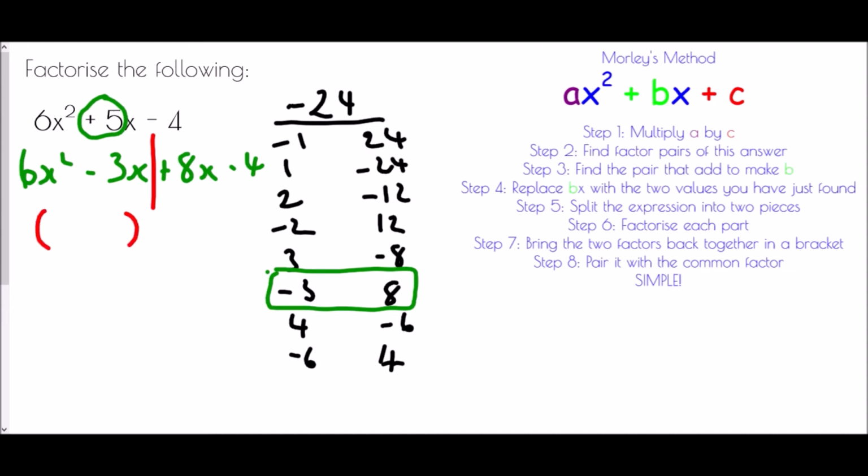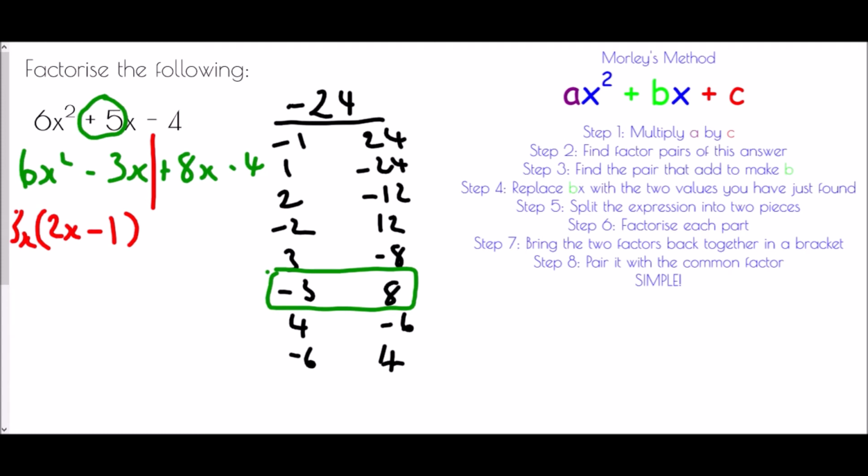So what is the common factor between 6x squared and negative 3x? Well, it is 3x. And 3x would be multiplied by 2x to make 6x squared. 3x would be multiplied by negative 1 in order to make negative 3x.